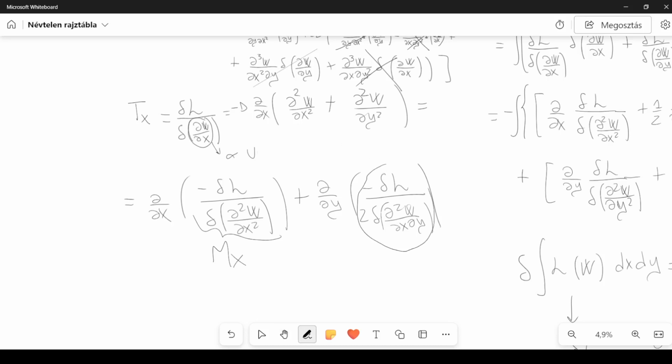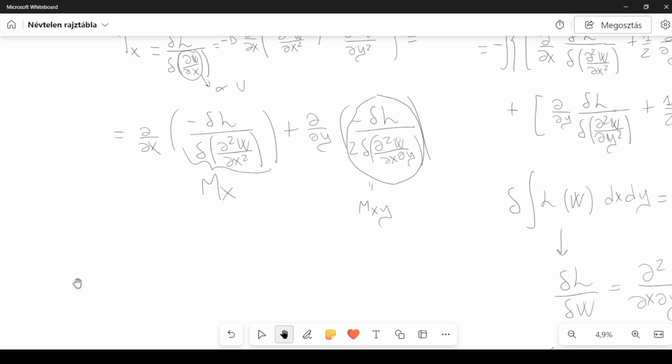So we will define this to be mxy, which is the twisting moment, which keeps information regarding both the x direction and the y direction. So from that, we also find the differential equation Tx equal to d/dx mx plus d/dy mxy. I will summarize it later.